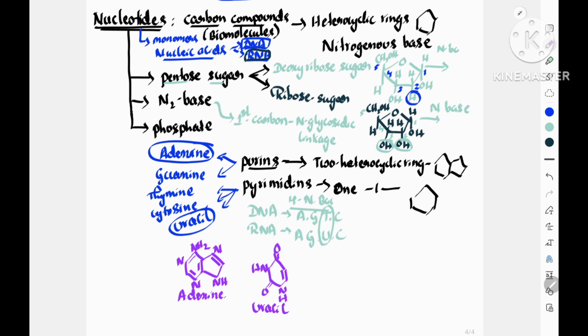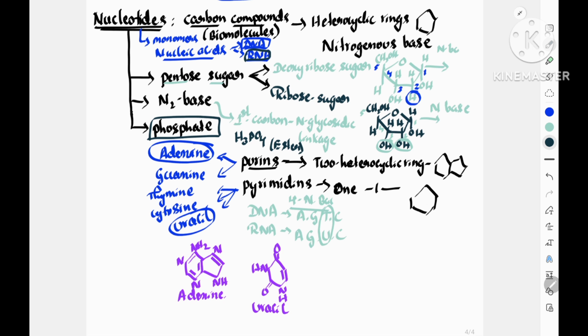And now the third important component of a nucleotide is the phosphate group. The phosphate group is always derived from phosphoric acid, that is H3PO4. H3PO4 gets linked with a pentose sugar by the formation of an ester bond.